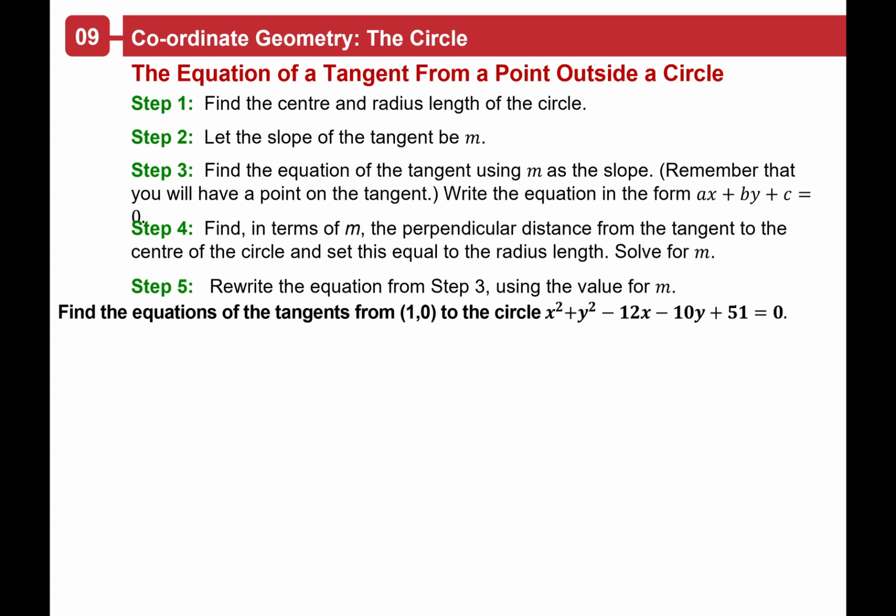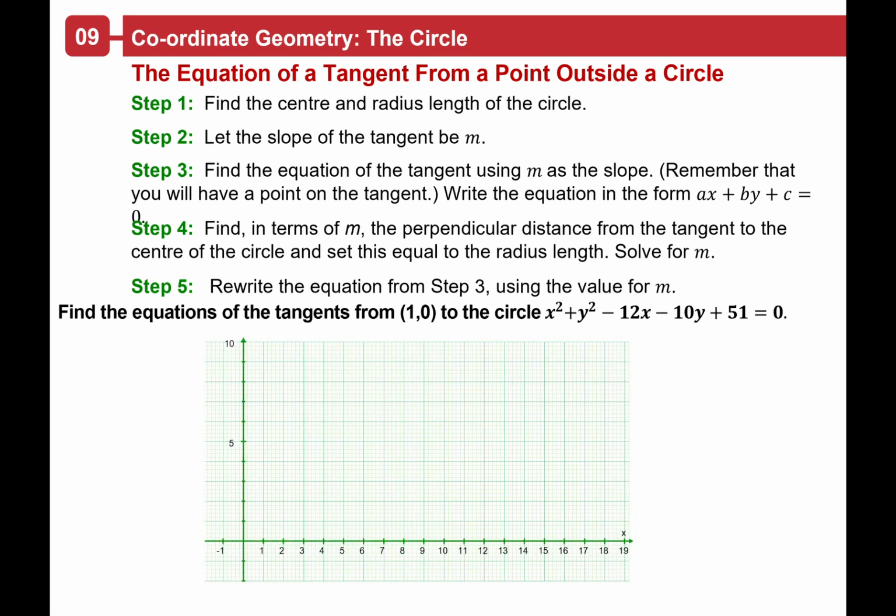So we're asked to find the equations of the tangents from 1, 0 to the circle x squared plus y squared minus 12x minus 10y plus 51 equals 0. All right, let's just draw out what we're looking for here. So our point is 1, 0, and I have my circle. This point is lying outside the circle, and I want the equations of the tangents that go through this point.